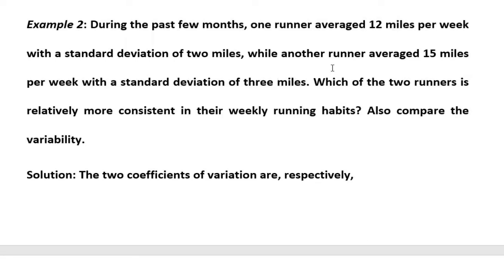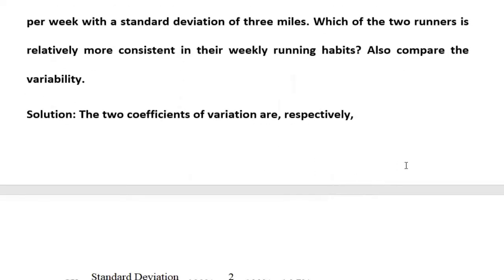We want to compare the consistency of the two runners. Which runner is more consistent in weekly running, more similar, with less variation? Here you have to use the coefficient of variation.